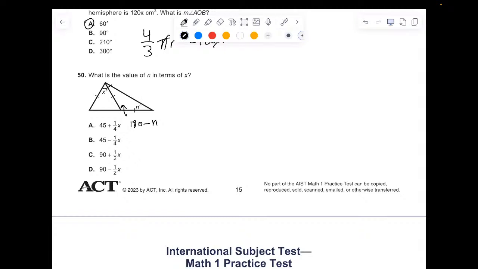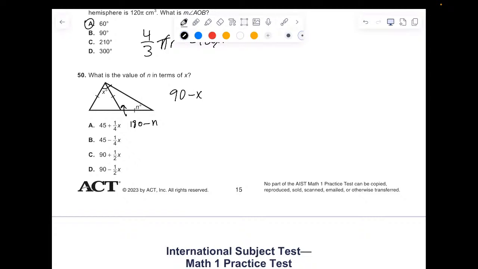Wow, this is strange. I'm thinking that... Let me look. I think it is a right angle. It would be 90 minus x. Oh my gosh. Oh yeah, this is an isosceles.